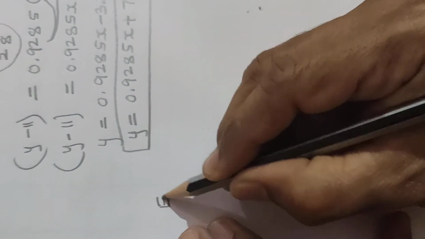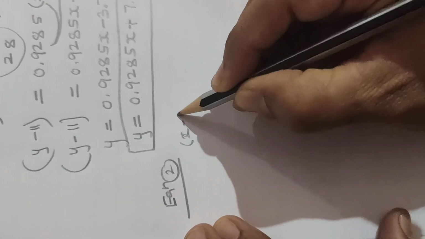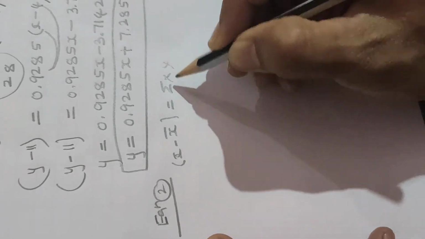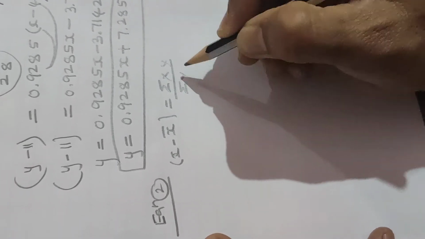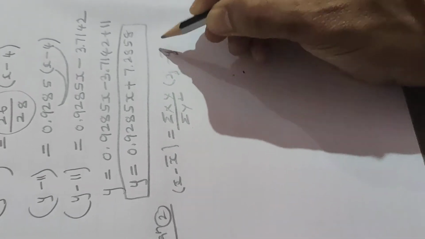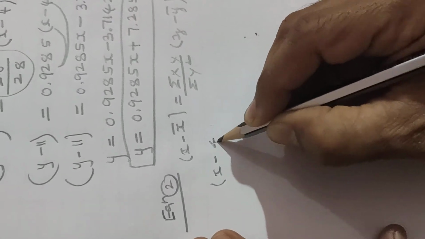Same way I'll substitute in equation number 2, that is x on y. X minus x bar is equal to sum of xy by sum of y square into y minus y bar. X bar we know that is 4.